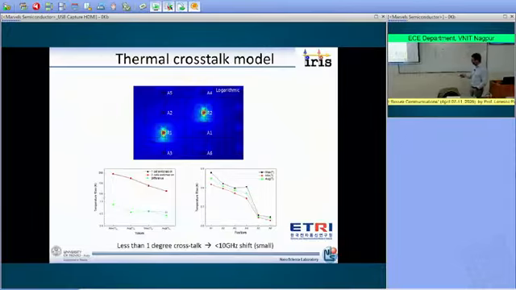Let us assume that now we are heating this microring resonator. Depending on the current that we are injecting, we are changing the temperature of that specific microring resonator.